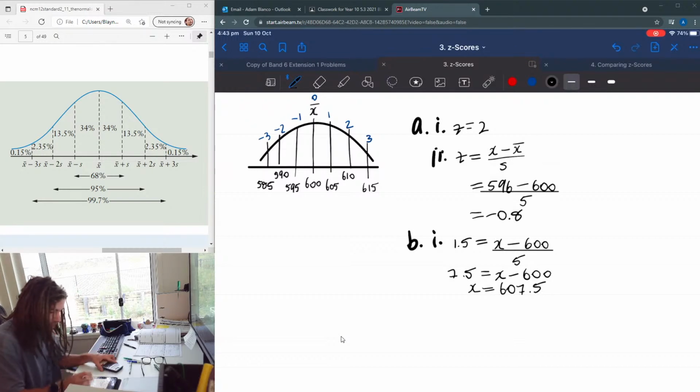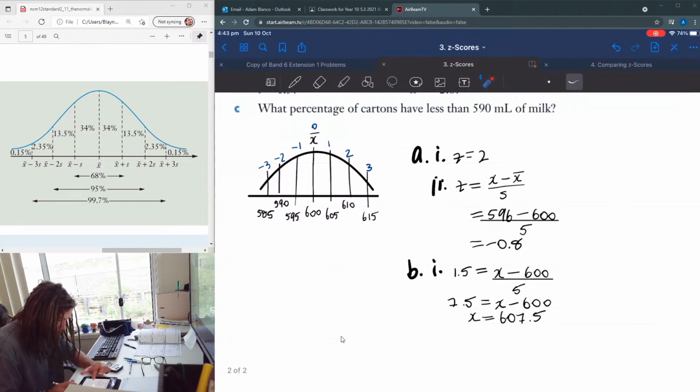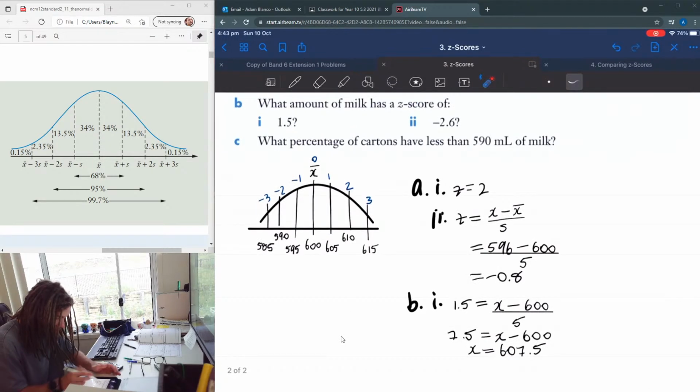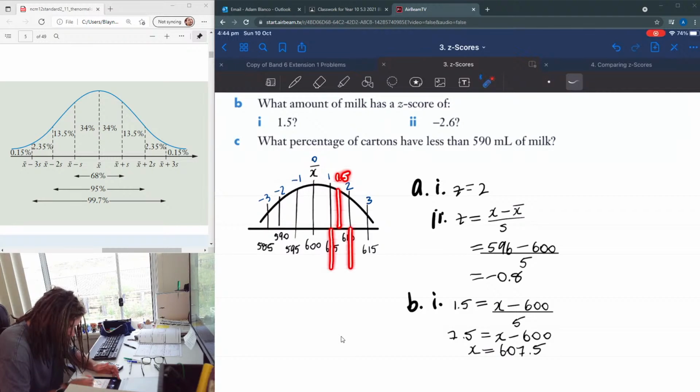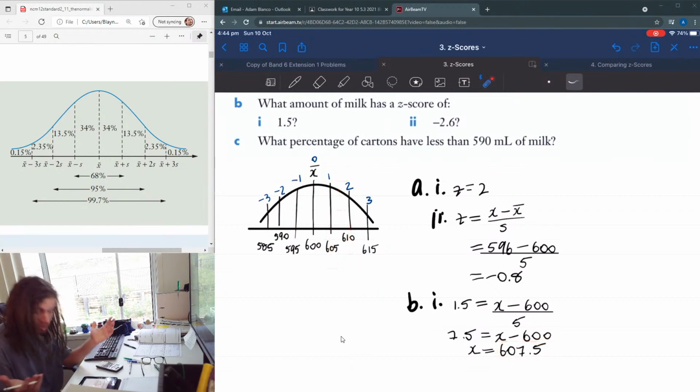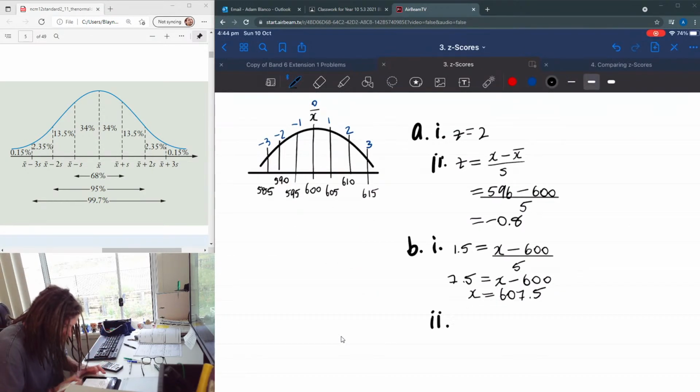And just going over to our diagram, a Z score of 1.5, that's around there. So you'd expect my score to be between 605 and 610. 607.5 is dead middle of that, so I'd be pretty happy that my answer makes sense.